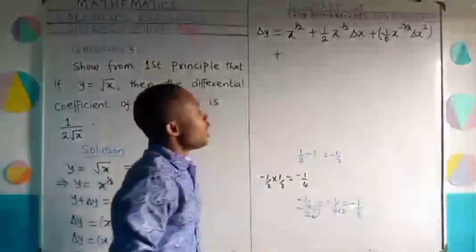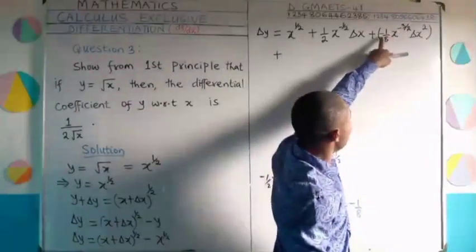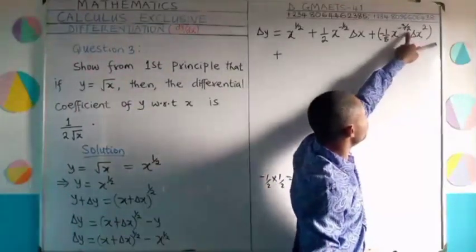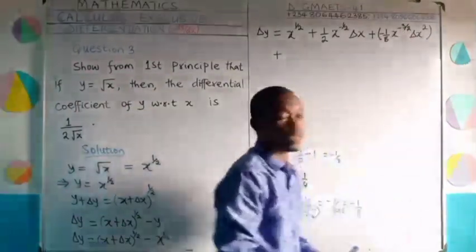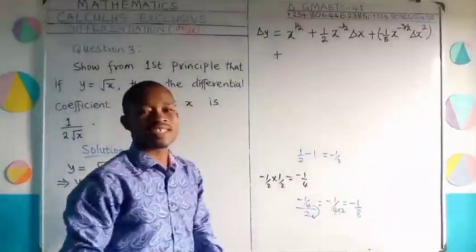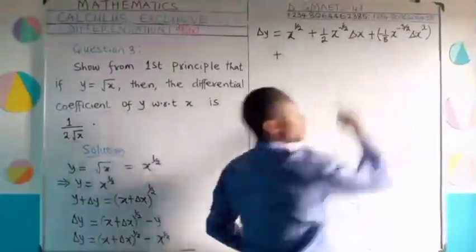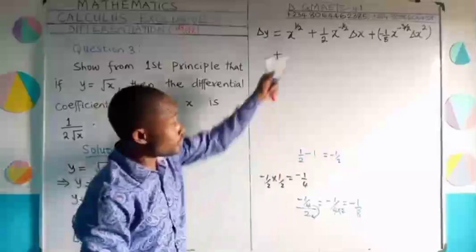Plus the fourth term. To get a coefficient, I'll use the power of this x to multiply this coefficient. So minus 3 over 2 times minus 1 over 8. What would you get? You would get plus 3 over 16. Then divide it by the number of terms you have already worked on. We have gotten 3 terms here.